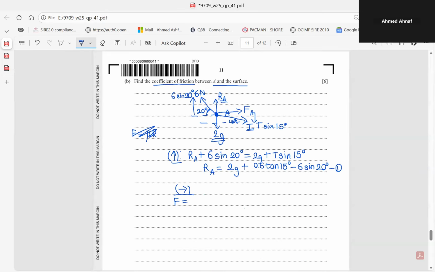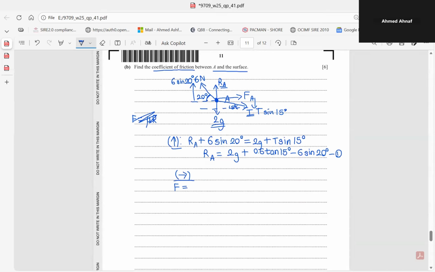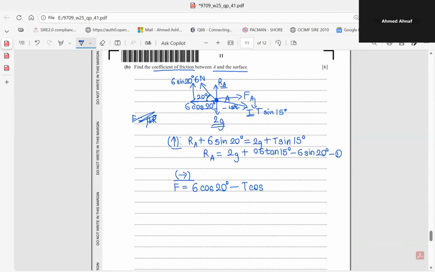To the left, we have the horizontal component of 6 newtons, which is 6 cos 20. Minus, to the right, the horizontal component of T, which is T cos 15 degrees, and minus FA, the friction acting between A and the surface.